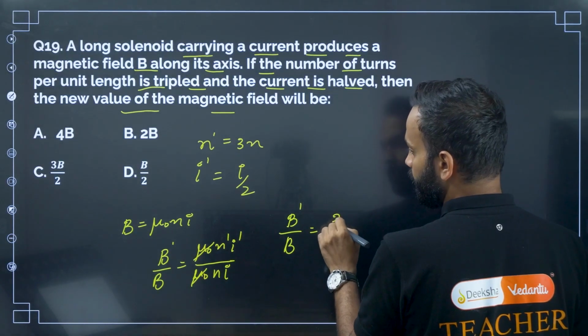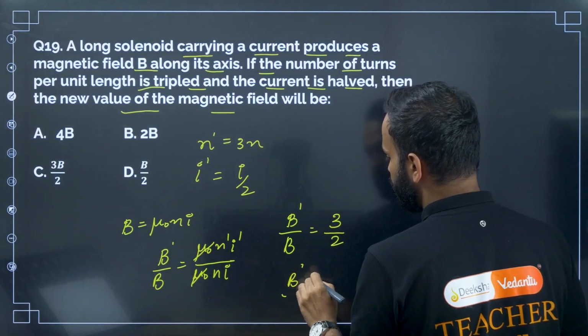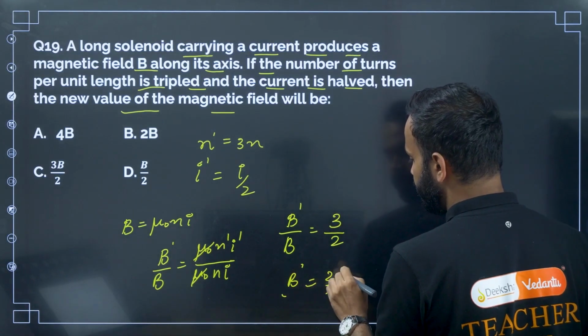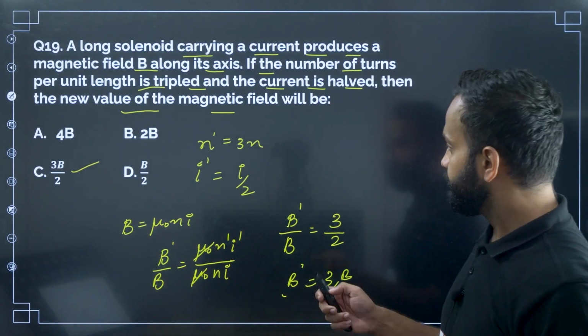So 3 divided by 2, B dash is equal to 3 by 2 B. The correct option is C.